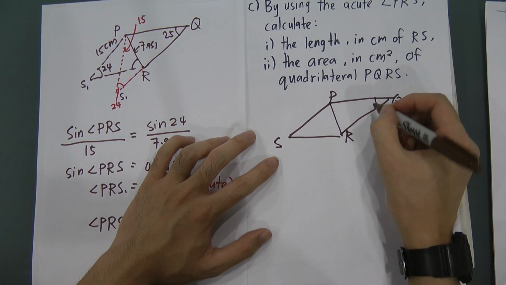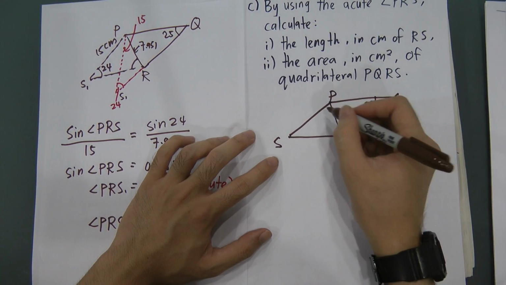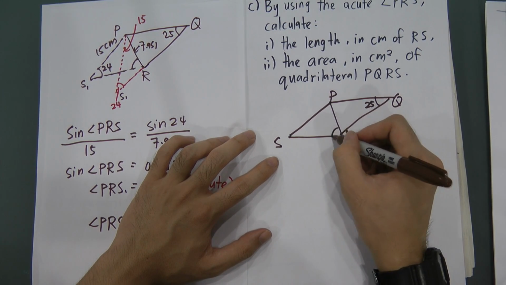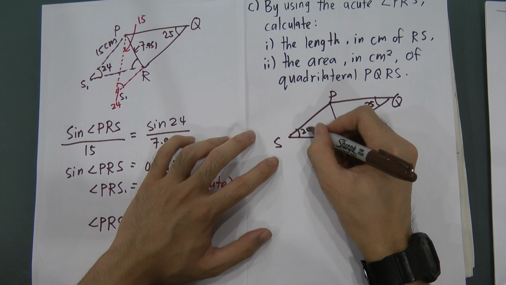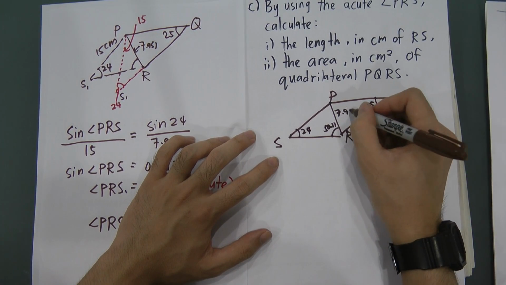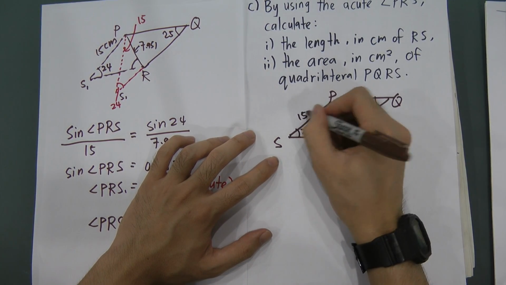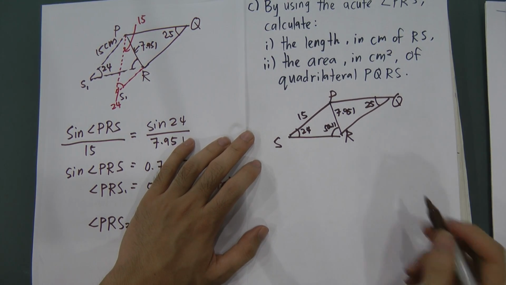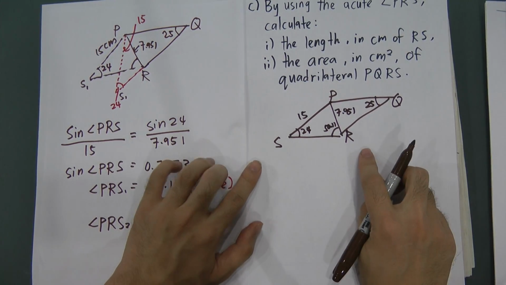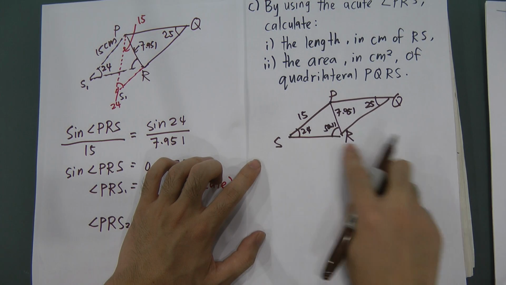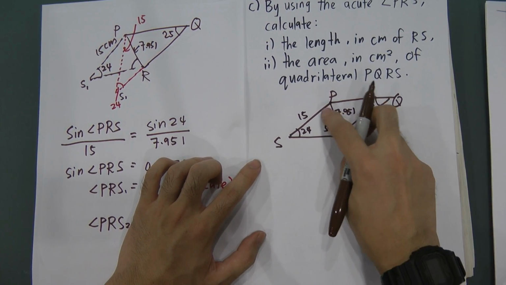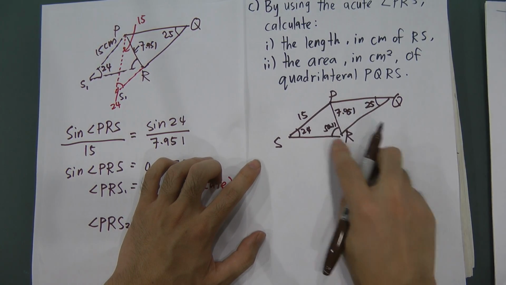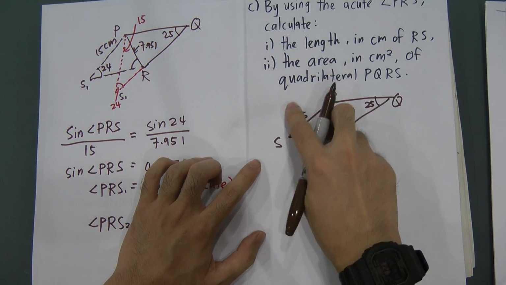So here we got 25, and the angle here will be 50.11, and this one will be 24, and here will be 7.951. This one will be 15. So he wants to find length RS. To find the length RS, you have to use this angle, divided by the opposite, and then you can simply use another side.